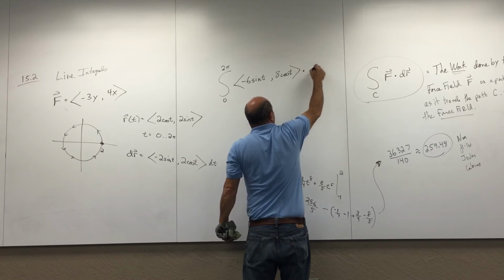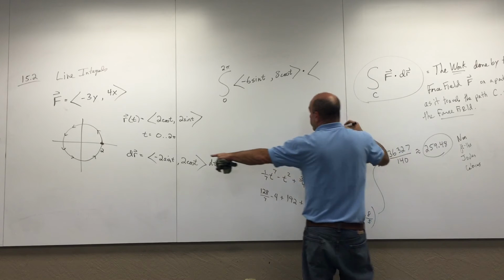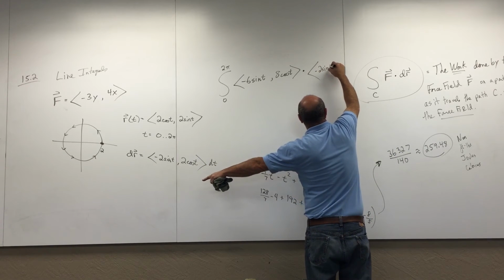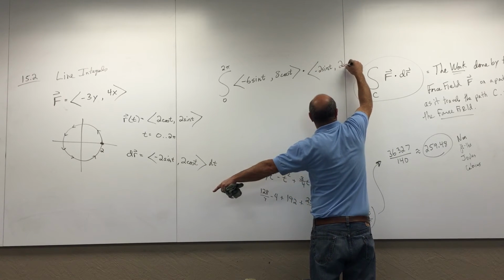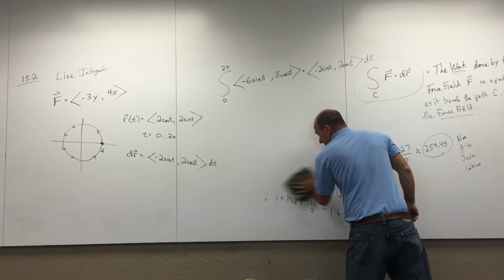Dot product with dr. What's dr? Negative 2 sine t, comma, 2 cos t. All right, now I'm starting to see something I might not like, but that's okay.